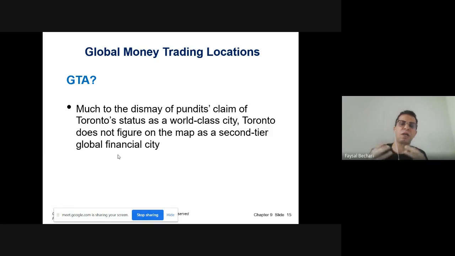So Toronto is not a place where you do those trades, and when you come here, there are not many places that do this trading. I think that's because most of what Canada deals with is with the USA, and they focus mostly on American dollars.